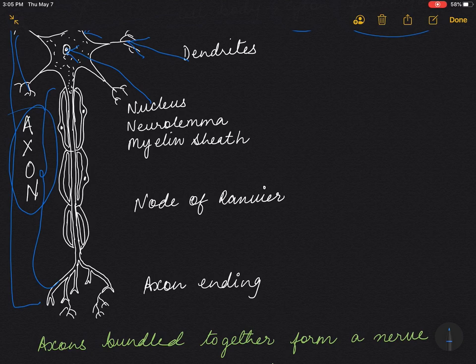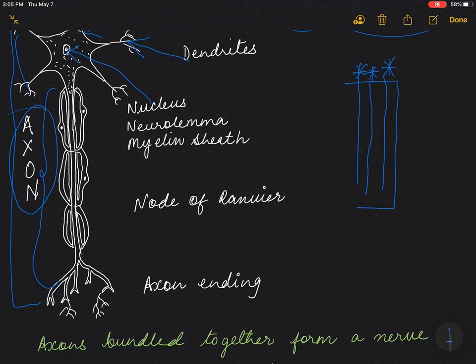Now we are talking about this long axon. Suppose this is the star shaped cyton or the cell body, and then you have the long axons. When these axons are bundled together, then it is known as a nerve.